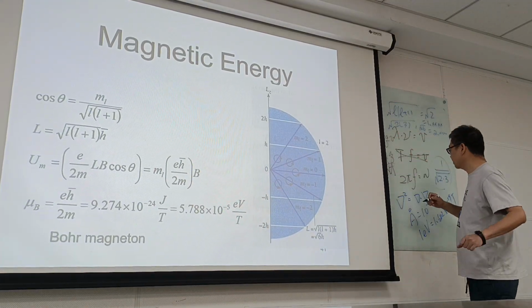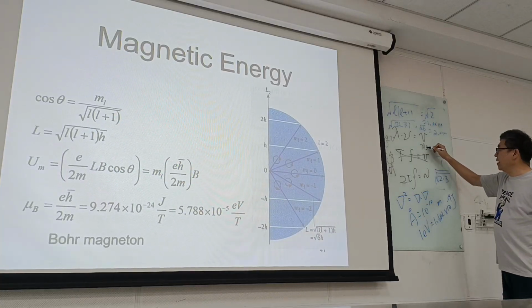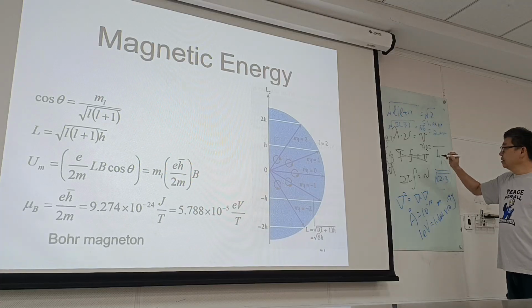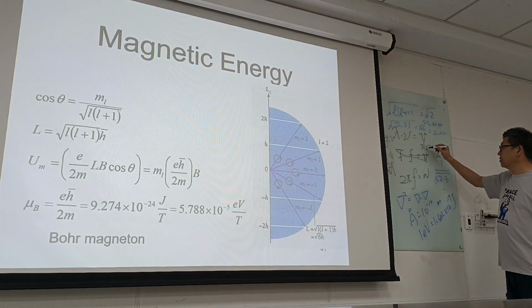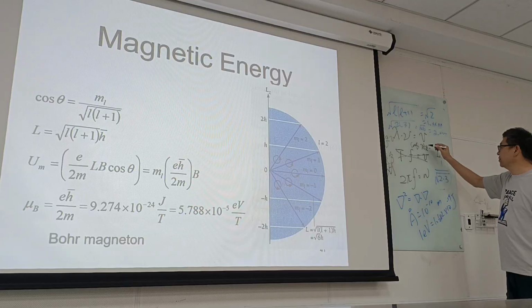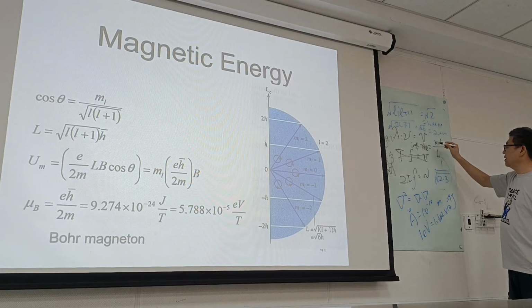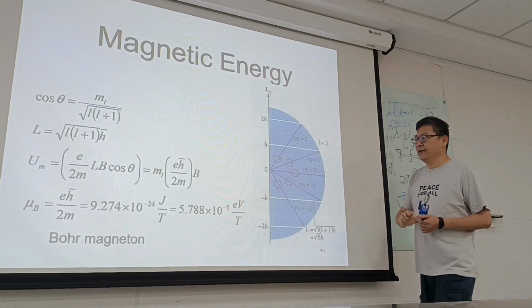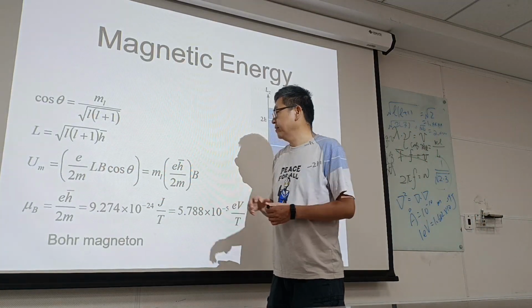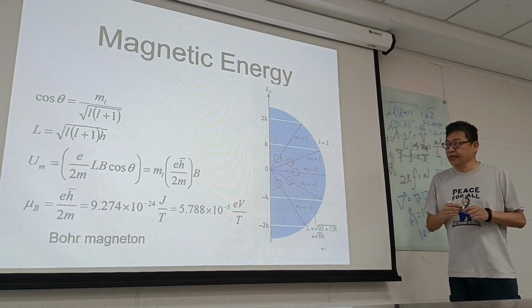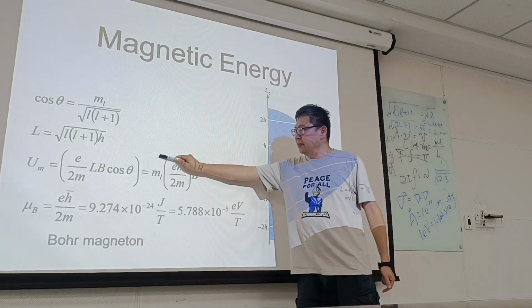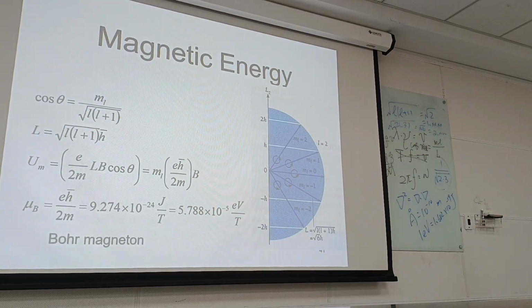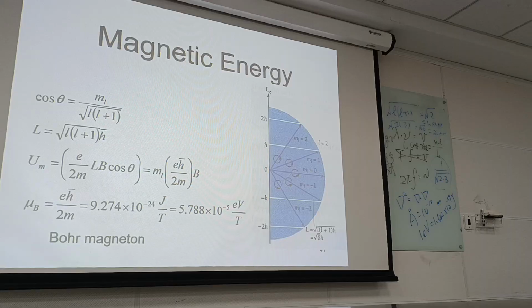So this is the potential an atom will get inside a magnetic field.